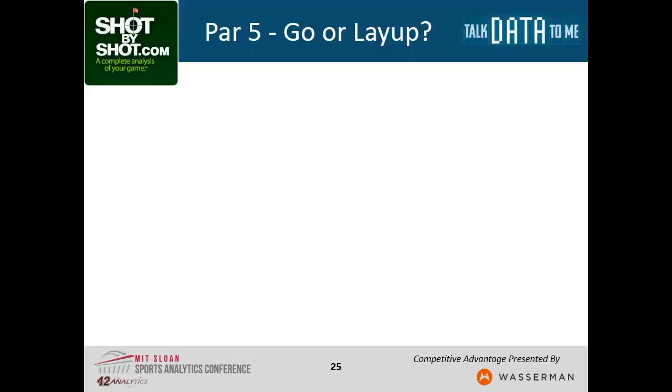Par 5s, go for it or not go for it. This was 7 years ago when I had my first meeting with Zach and his entourage. This question came up, and it was a spirited discussion. There were people in the room that had strong opinions on either side, that he should always lay up because of his great distance control, or he should go for the greens.